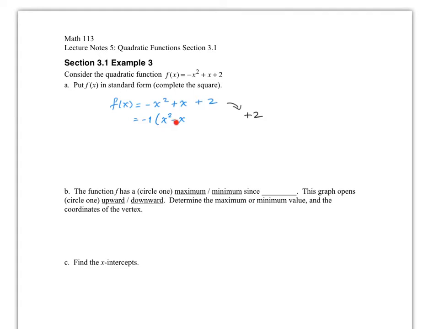Then whatever this number is, which in this case is negative 1, you divide by 2. It's better to leave it as a fraction, though you can use a decimal too. So negative 1 over 2 is just negative 1 over 2. Whatever you have, you square, and that will give you 1/4. So therefore you will add 1/4.